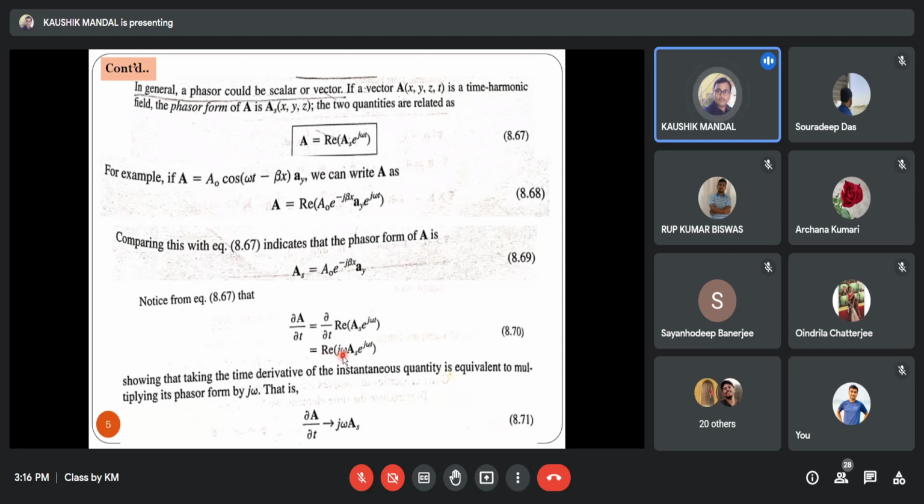If we compare this with equation 8.67, you can see that the time derivative of the vector is equivalent to multiplying the phasor by jω.